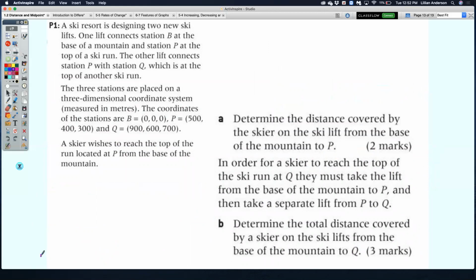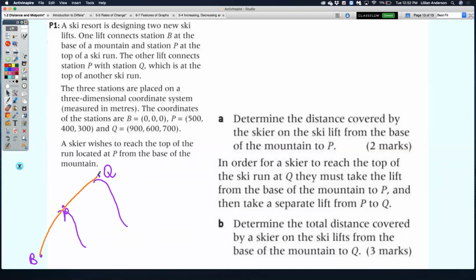So basically, you have the base of the mountain, you have P, which is located at the top of one ski run, and then you have Q, which is located at the top of another ski run. Okay? And there's a ski run that runs from one to the other.